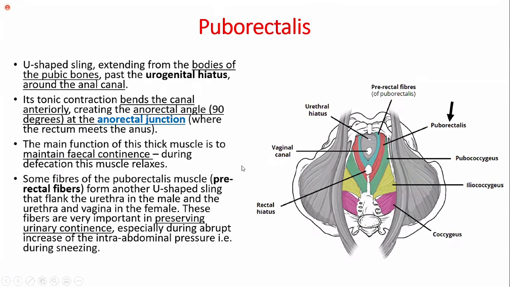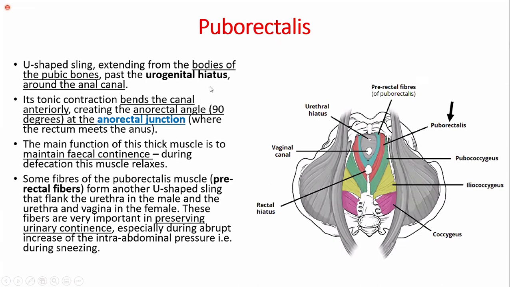The puborectalis is a U-shaped muscle. This is the puborectalis muscle. From its name, puborectalis, it's coming from the body of the pubic bones and then passes the urogenital hiatus around the anal canal. So it's very important.